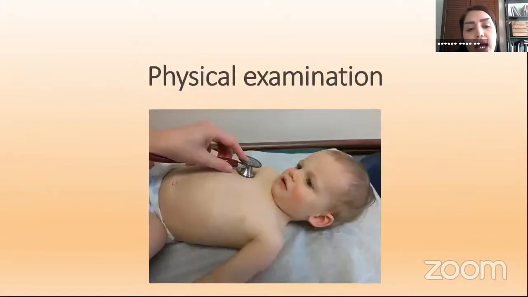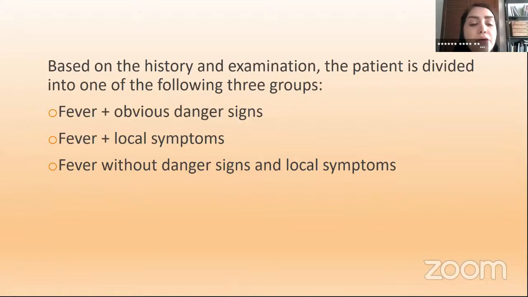Okay, and I want to talk about physical examination. There are some important points in the physical examination that we will read together. Based on the history and examination, the patient is categorized in one of the following groups. Fever plus obvious danger signs. As you know, we will hospitalize this patient.